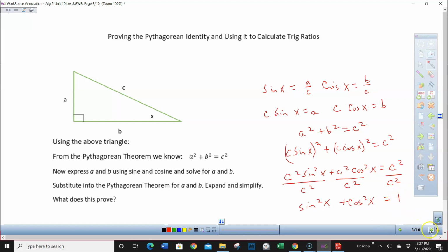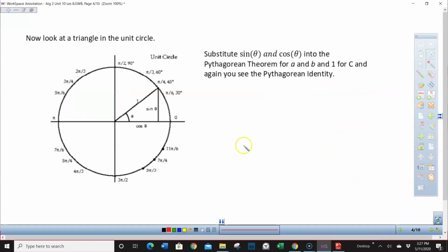Now, let's look at finding that a different way. Very simply, in the unit circle, we know the angle at the origin, we're going to call it theta. We know the hypotenuse is 1, and we know that this is our cosine value, the x, and this is our sine value, the y. So we can substitute in, if we have a squared plus b squared equals c squared.